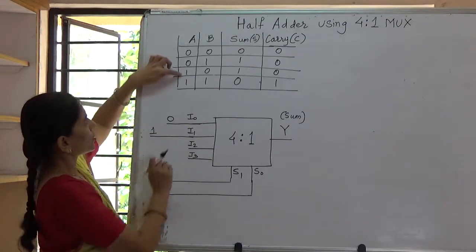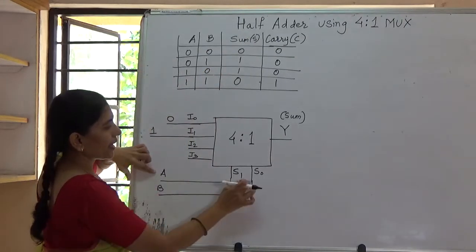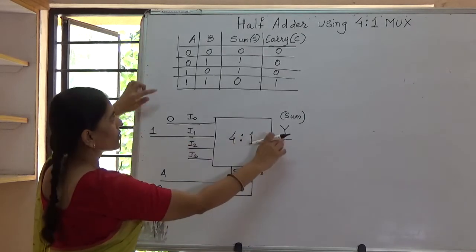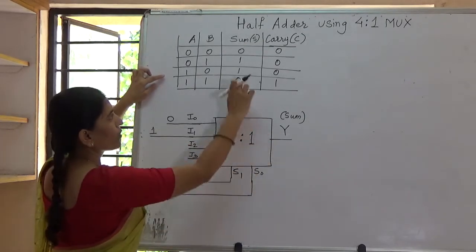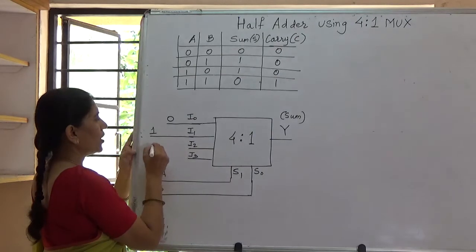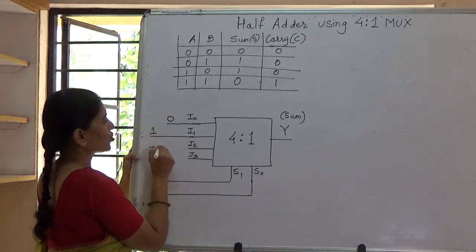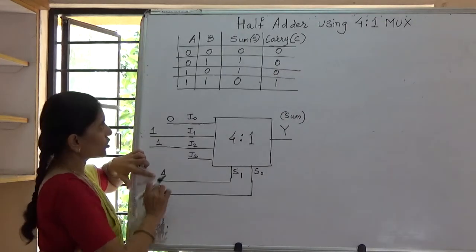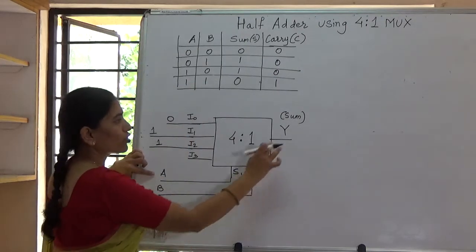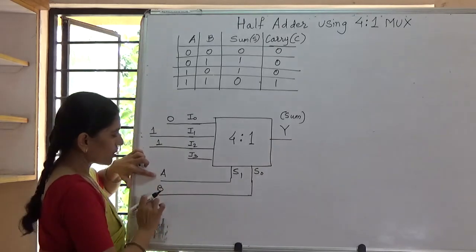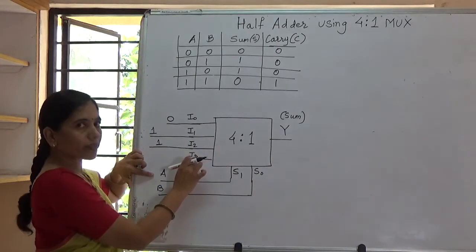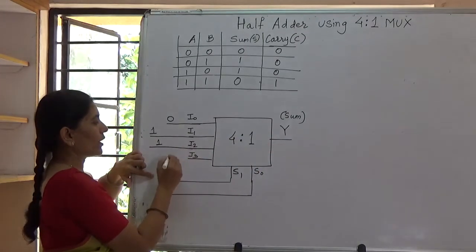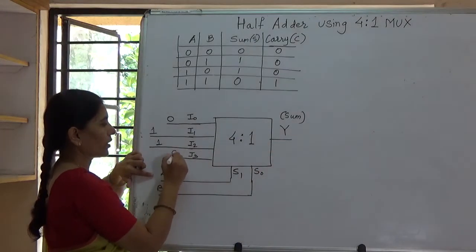For the third combination, which is 1 0, the select lines become 1 0, I2 will be selected, and for that selection we want output Y to be a 1, so I2 will also be connected to a 1. And for the last input combination, that is 1 1, the sum should be a 0, so I3 should be connected to a 0.